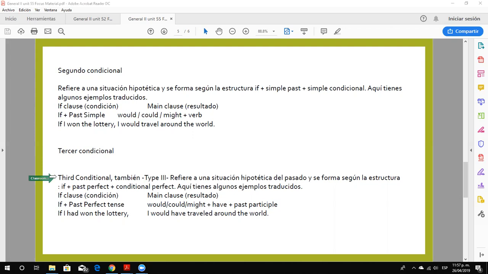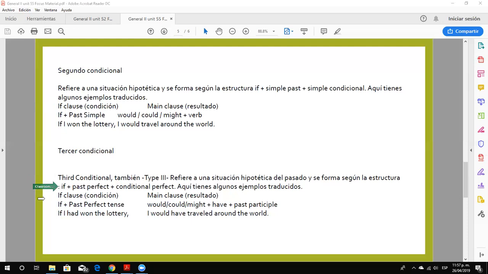Third conditional, also type 3, refers to a hypothetical situation in the past, and the structure is if plus past perfect plus conditional perfect.